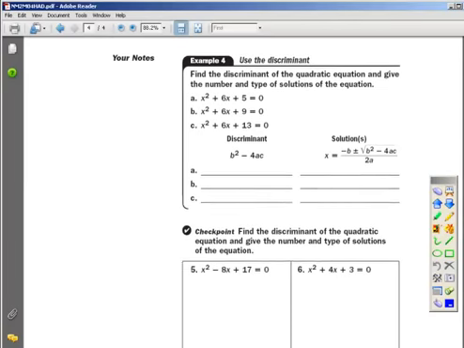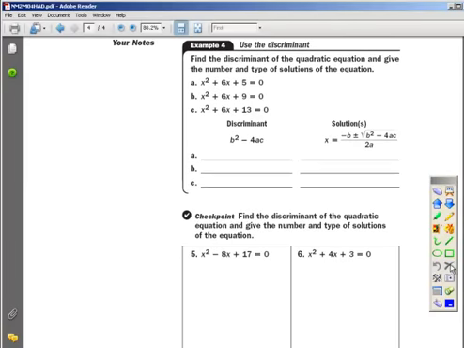So let's see what that means on example 4 here. On example 4, when you look at just the b squared minus 4ac for all of these, for a, b squared, 36, right, b squared, 36 minus 4 times 1 times 5, well, that's 36 minus 20.